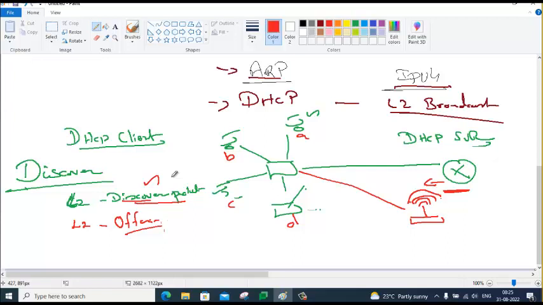Offer comes from everyone. Now, the DHCP client is going to pick the one which is given with a credential, if it is your laptop.